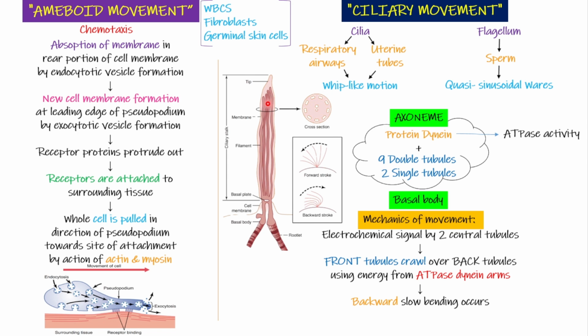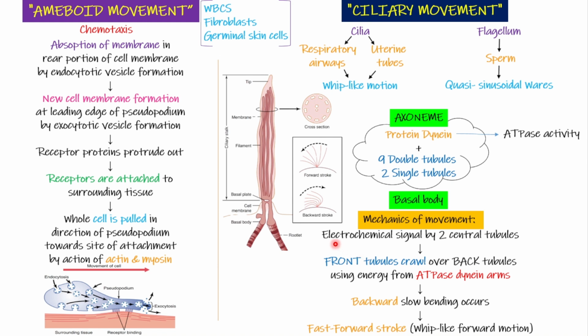After they are bent backwards, there will be a sudden fast forward stroke, just like a whip. If you focus on the motion of the whip, it first moves backwards and then suddenly, with a fast forward stroke, the whip moves forward. So that is known as the whip-like motion. This is exactly what is happening in the cilia.